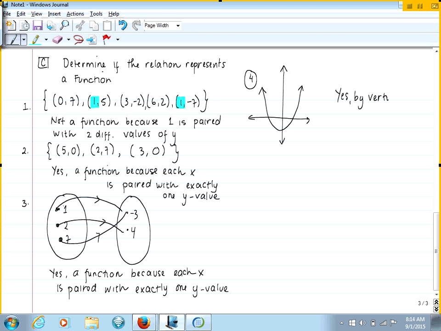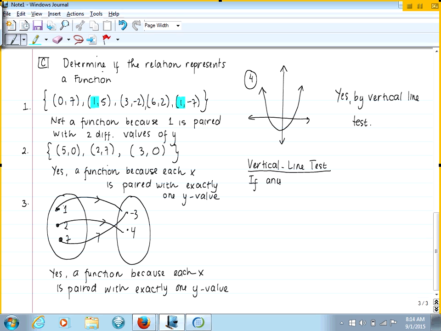Yes, by vertical line test. What does the vertical line test say? I'm going to write it here.